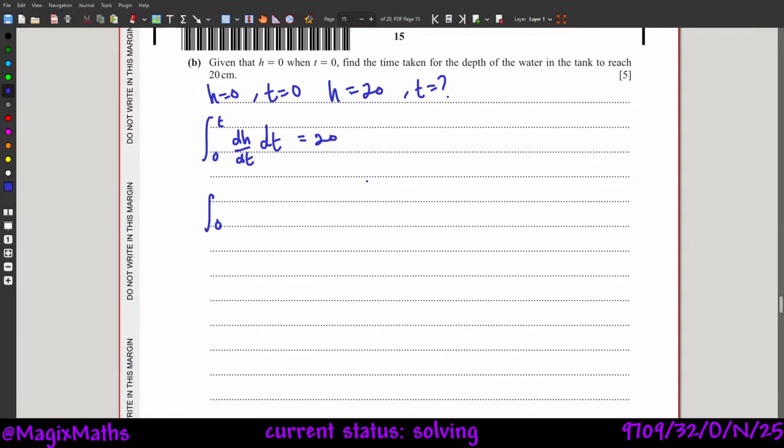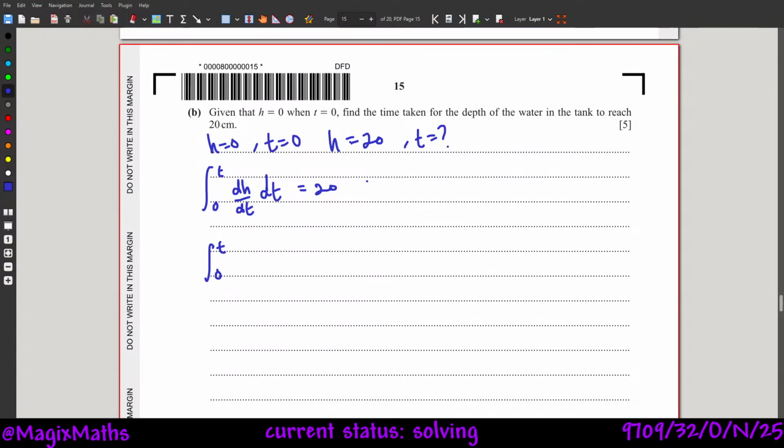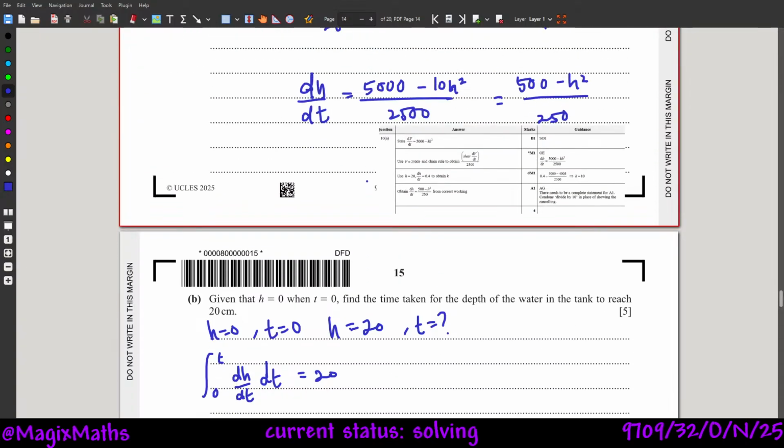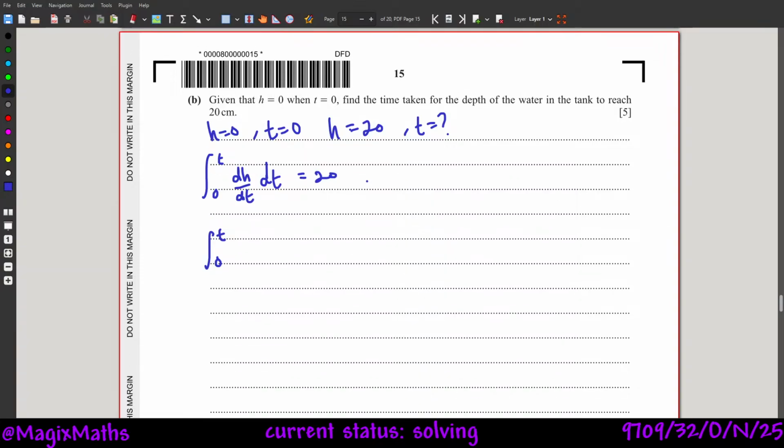So from 0 to t, we have 500 over 250 is 2, minus h squared over 250, dt.